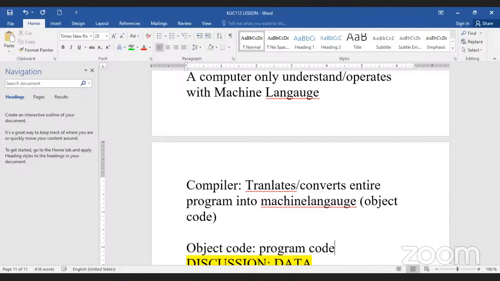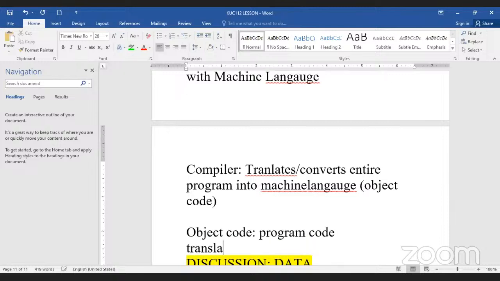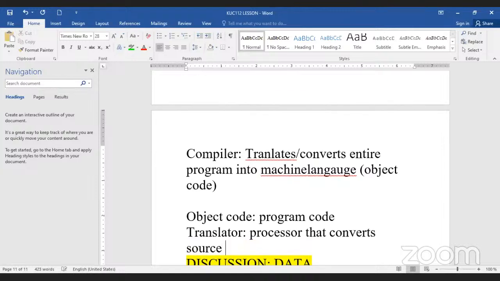Then we have what's called a translator. A translator is just a processor that converts source code into object code.